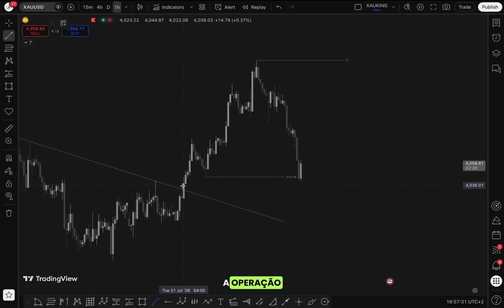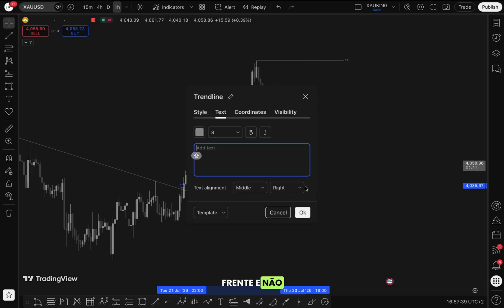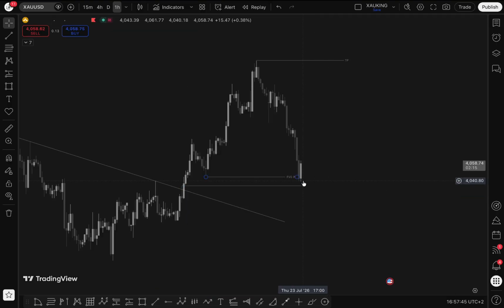I would place the trade like this, although price could ultimately just go and not come back. So this is my entry level.